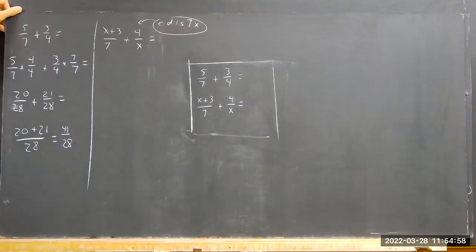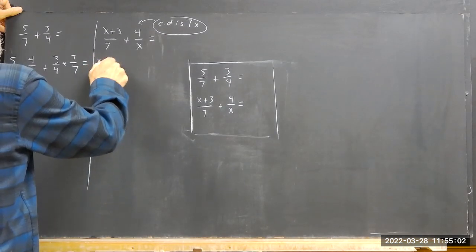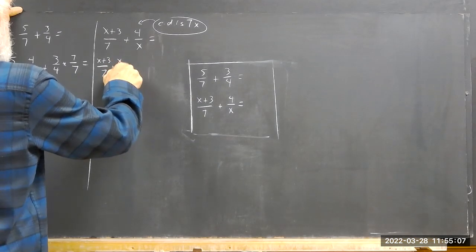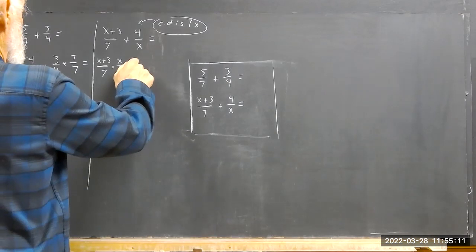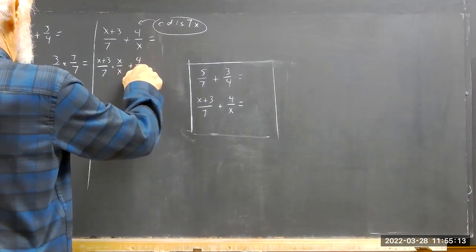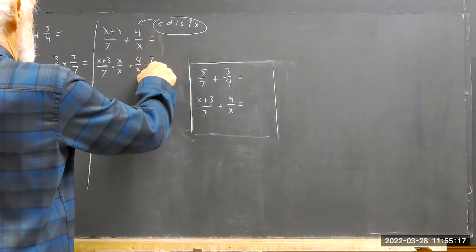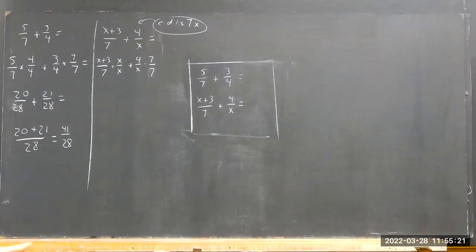we'll just identify common denominator 7x. So x plus 3 over 7 has to be multiplied by x over x. That'll give us a 7x in the denominator. So now you got 4 over x times 7 over 7.